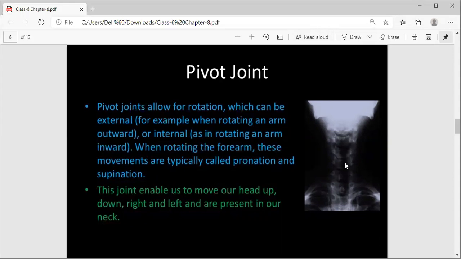So I think you have understood that the pivotal joint is present in our neck. With the help of this joint, we can move our head up, down, right, and left. So this was your pivot joint.